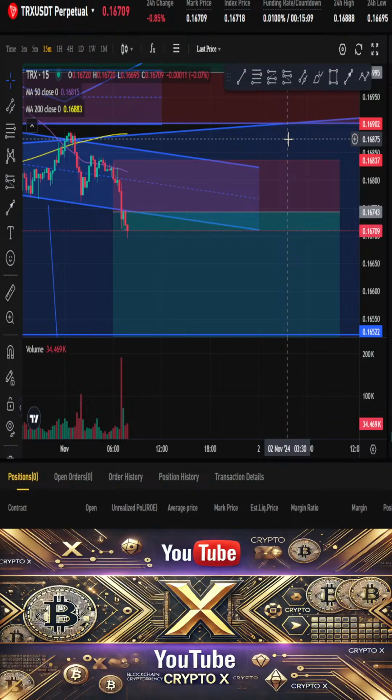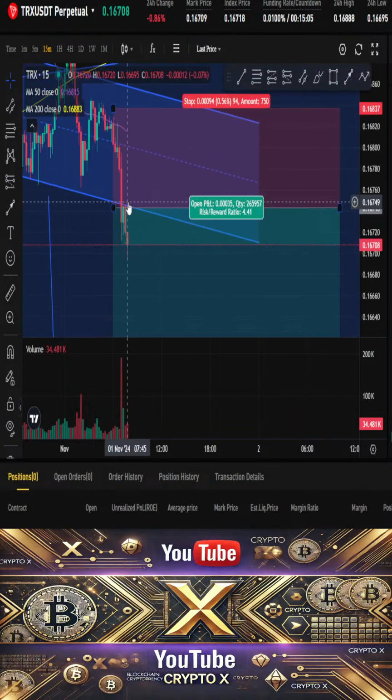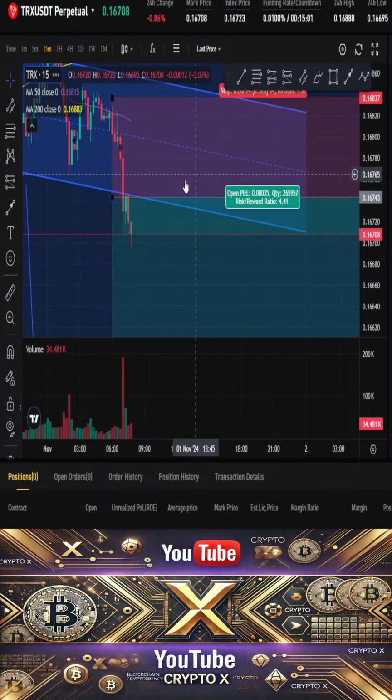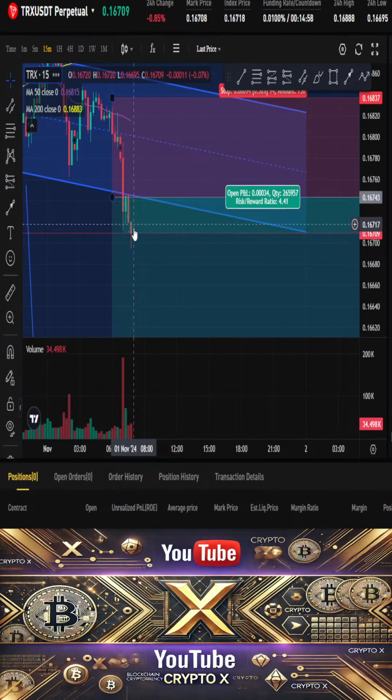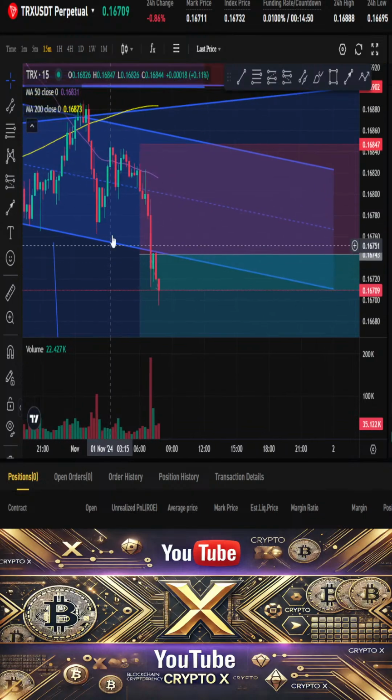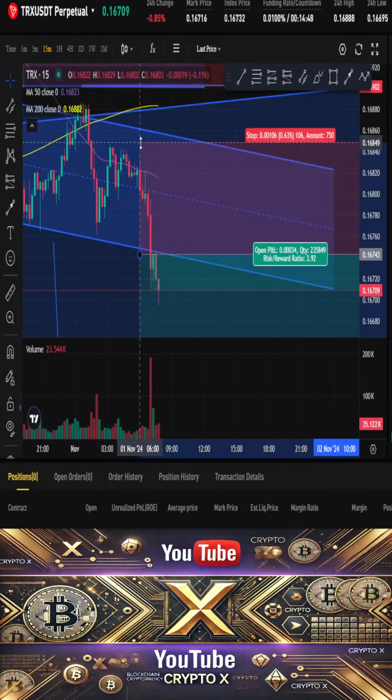But you can see the pattern forming here: it was breaking a channel, then it retests, then it's going downside. From here it can come back till this much. Our SL will be here, above the last swing, a little bit more.